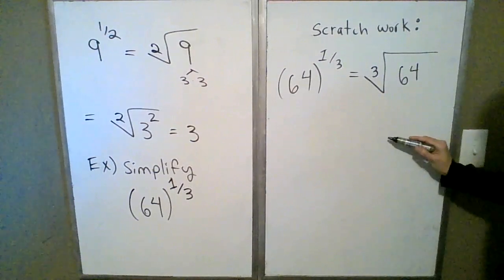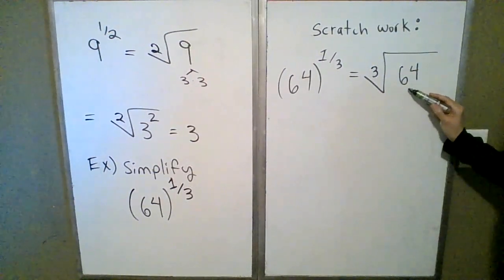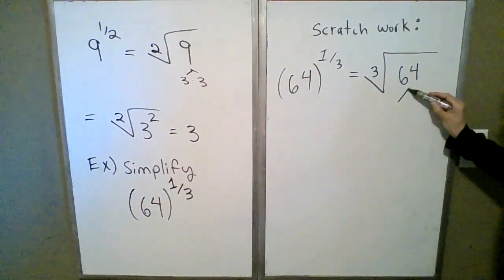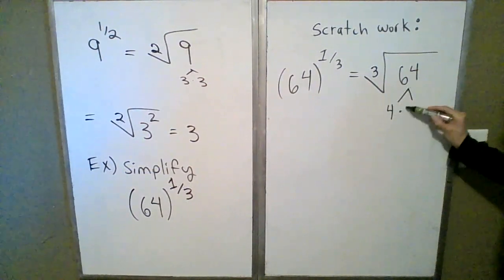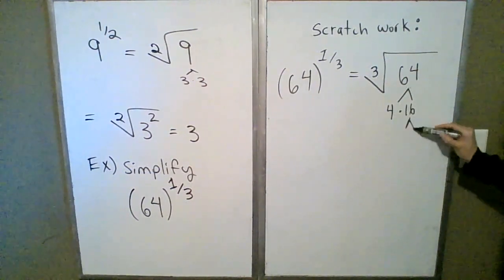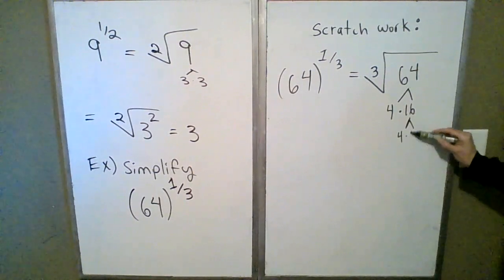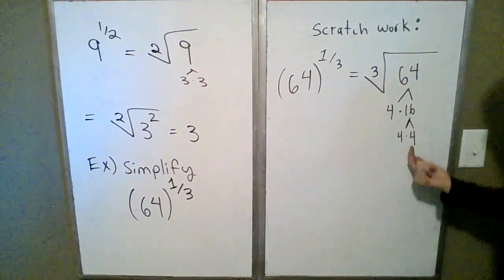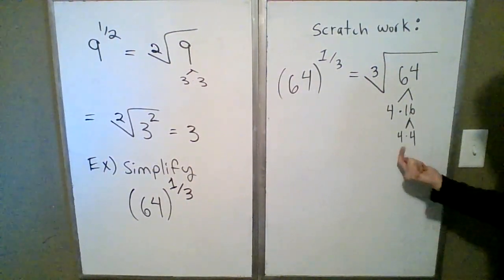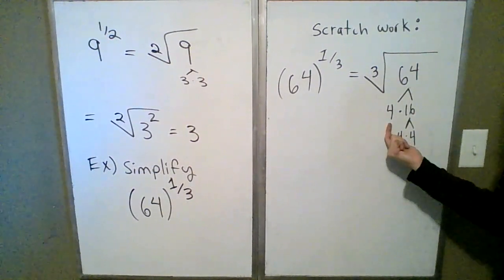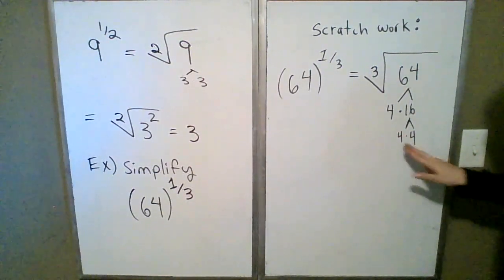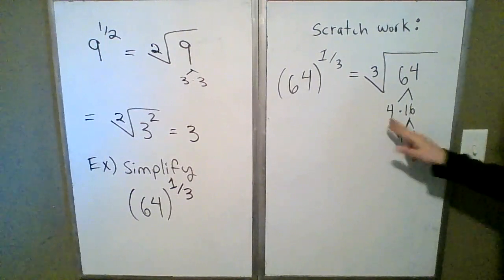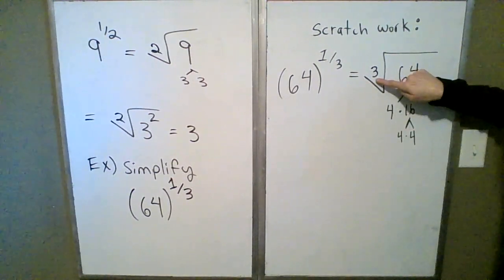I could fully factor 64, but I know that 64 is 4 times 16, and 16 is 4 times 4. I'm wanting 3 of the same factor because I have a cube root.